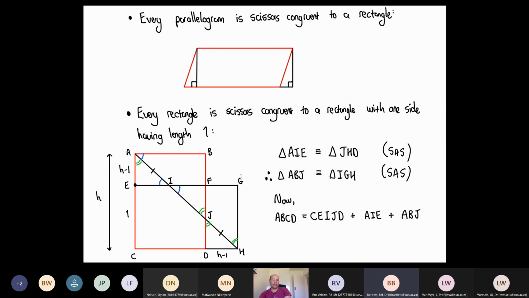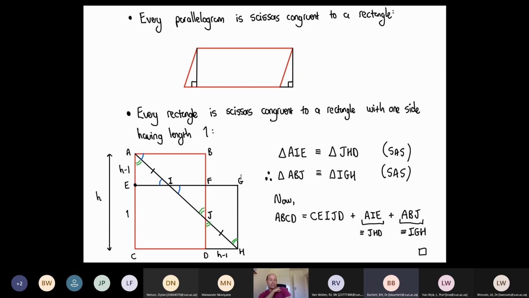Okay, so now let's have a look here. Rectangle ABCD is scissors congruent to the polygon CEIJD plus the polygon AIE plus the polygon ABJ. And the triangle AIE is congruent to JHD, as we just saw, and the triangle ABJ is congruent to IGH, as we just saw.